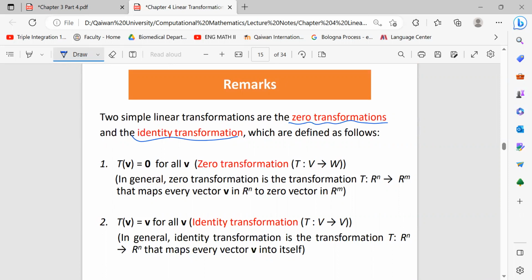But if the image of every vector is the vector itself, it is an identity transformation, because we always get the same. So a zero transformation is one in which the image of all vectors is 0, but an identity transformation is one in which the image of every vector is the vector itself.